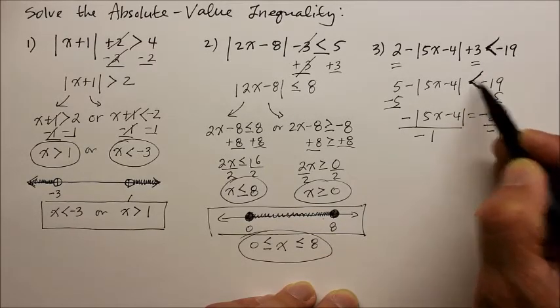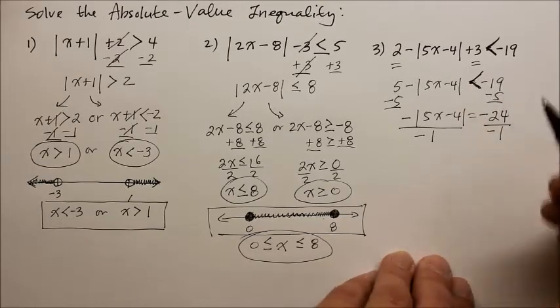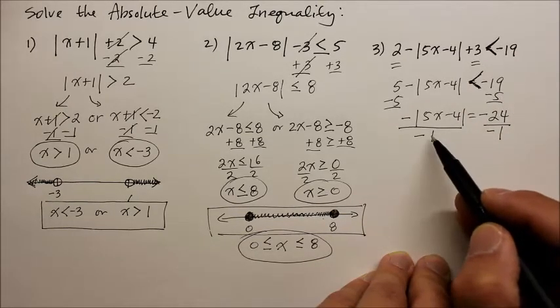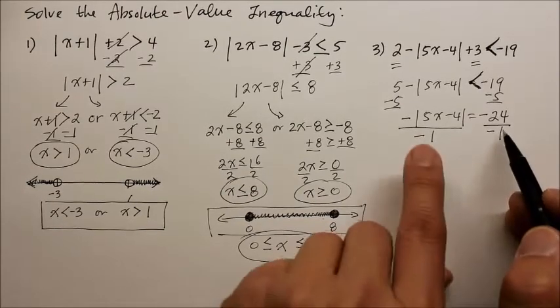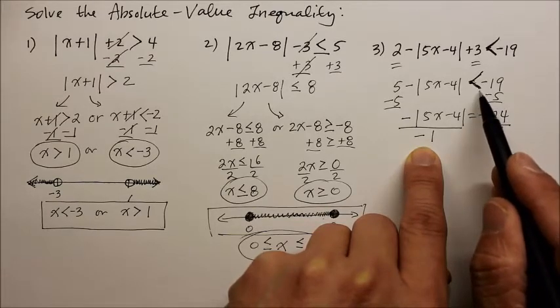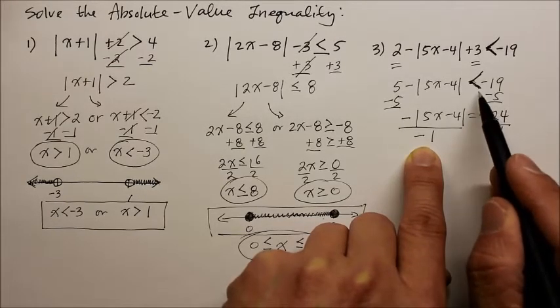Because now I also have to show you, anytime you multiply or divide by a negative number on both sides of the inequality, you have to change the direction of the inequality.